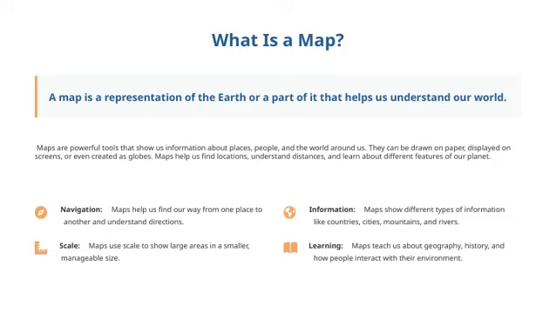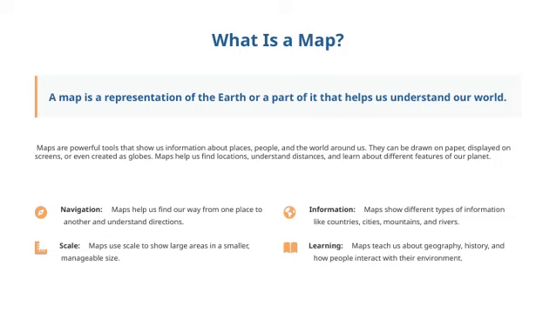When it comes to navigation, maps are essential. They guide us from one location to another and help us understand directions, whether we're walking, driving, or exploring new areas. Maps also provide a lot of different types of information, like identifying countries, cities, mountain ranges, or rivers, giving us a clearer picture of the world. Another important concept is scale.